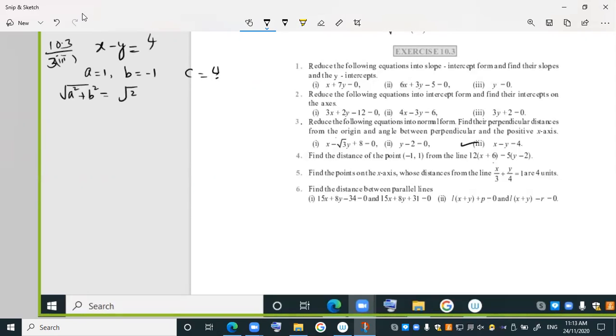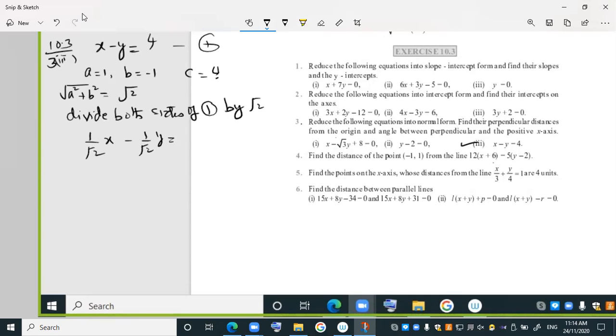So we have to divide this equation by under root 2. Instead of comparing, first you divide both sides of equation number 1 by root 2. So do it this way: 1 by root 2 x minus 1 by root 2 y is equal to 4 by root 2.